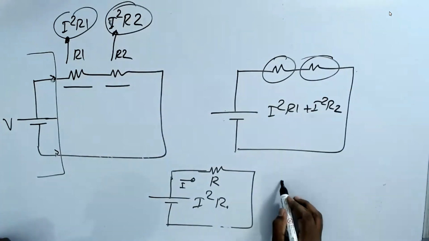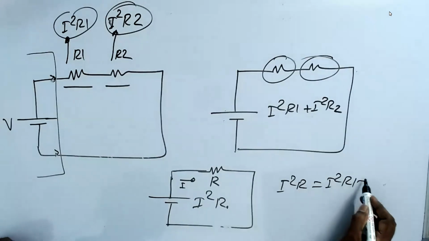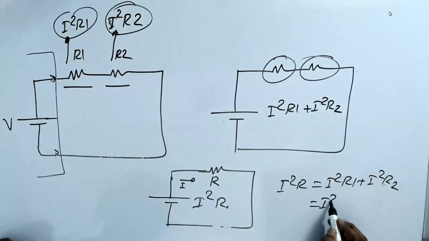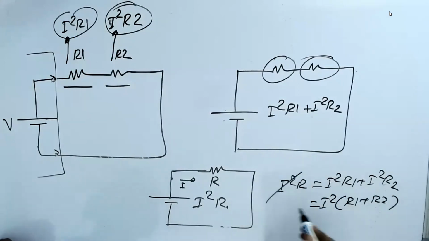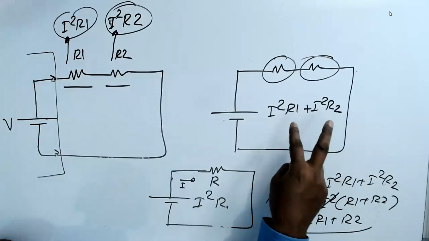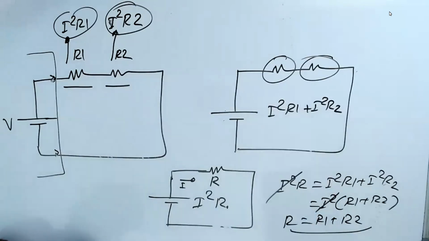So I square R is equal to I square R1 plus I square R2, which is equal to I square common times R1 plus R2. Cancelling I square on both sides, R is equal to R1 plus R2. Understand? If you connect two resistors in series, you can add them together.